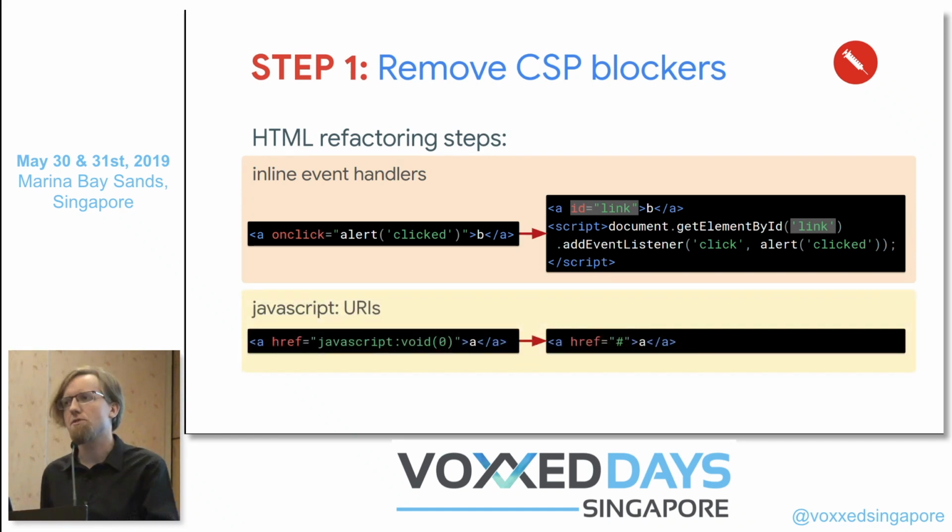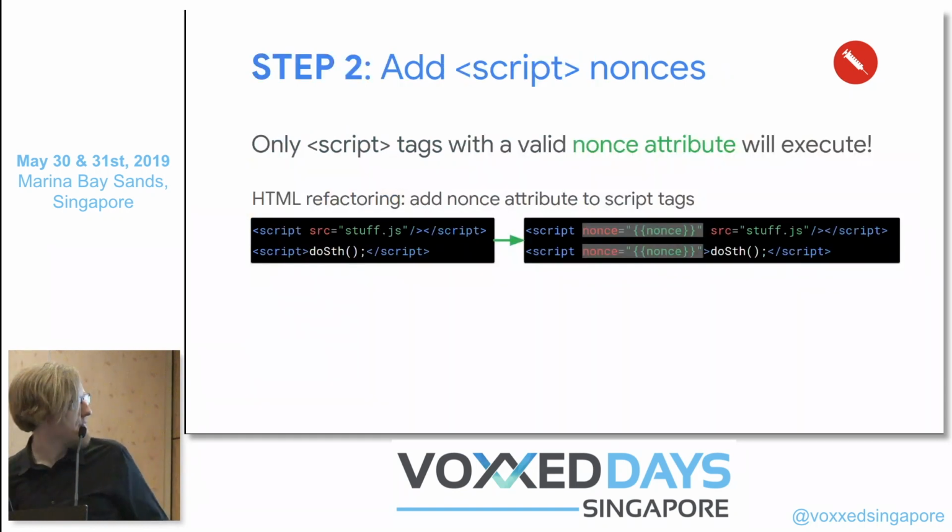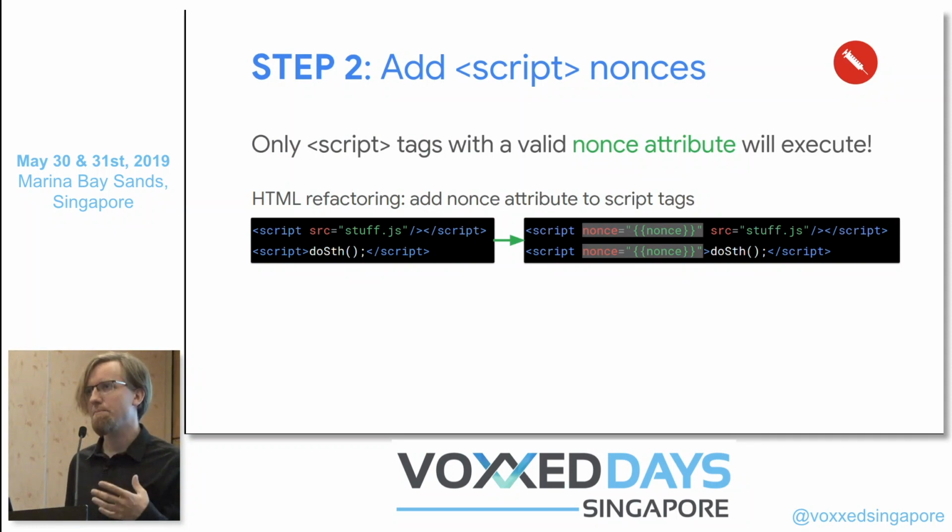Similarly, if you have a JavaScript URI, you can either use the first method, so you create a script element and attach an event handler to the link element, or in many cases, especially for the pattern of void zero that was often necessary for backwards compatibility on link elements, you can just remove the JavaScript URI in the first place. Okay, so that was the first thing. We have to remove these blocking patterns that prevent us from adopting CSP.